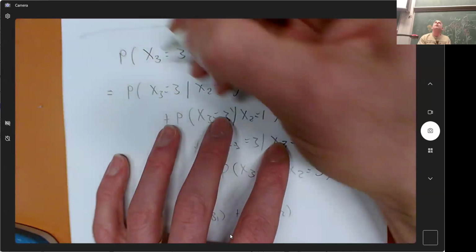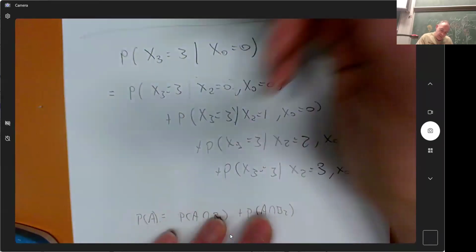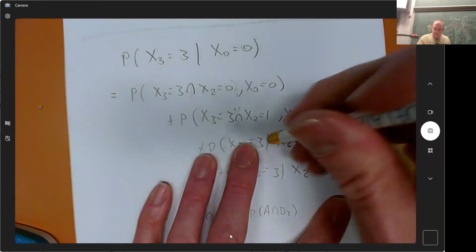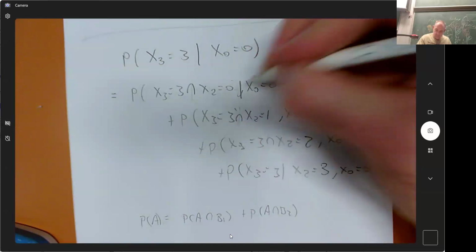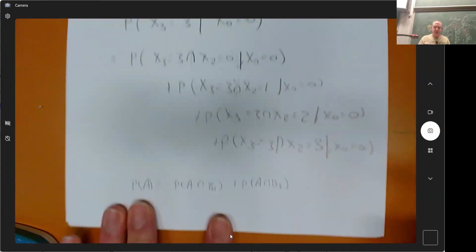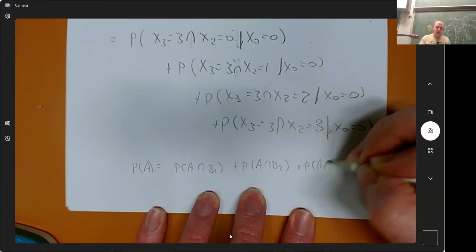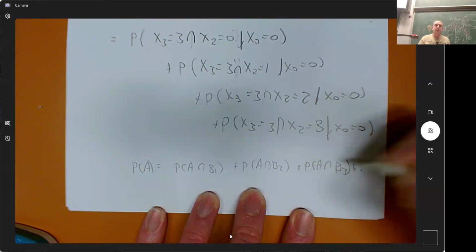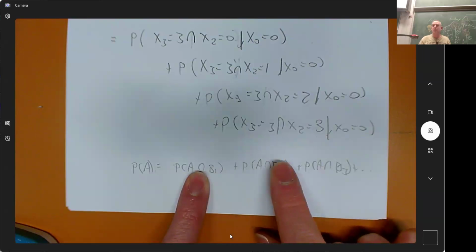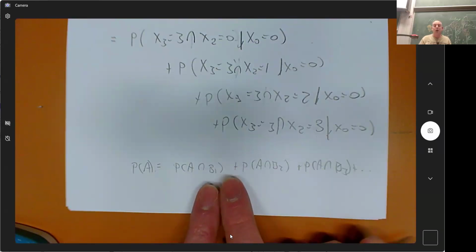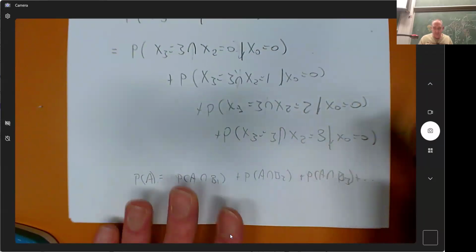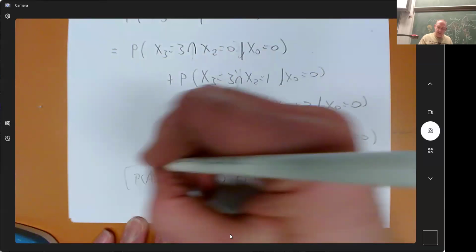Nope, I'm wrong. Sorry. This should be an intersection. There we go. That's better. Because this is the law of total probability, right? The probability of a particular thing is what you get when you combine it with various different options. And so I've done that. Okay, cool. So that's that rule.